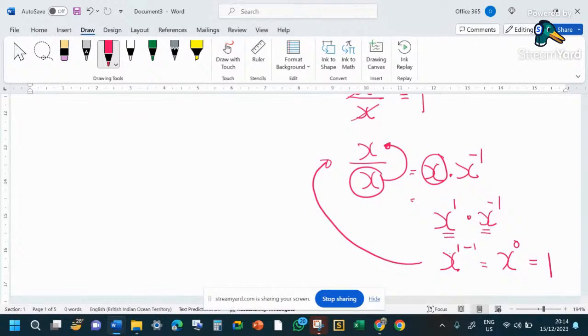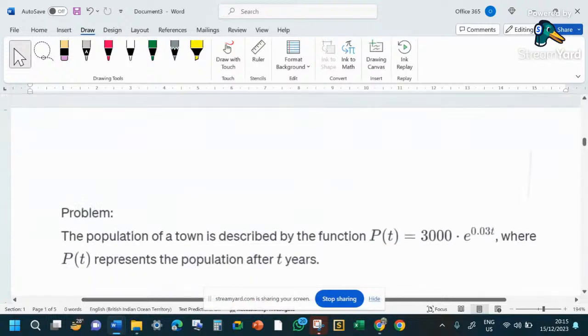We are dividing a variable by itself, and that is 1. And by index laws, we can support that x to the 0 is 1. Okay, let's move to the next one here.